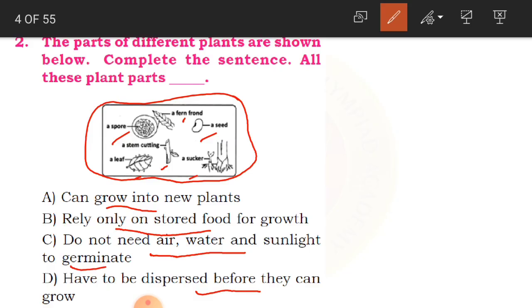So if you see here, leaf here, it is getting new shoots on it, even this stem also. Okay, so even seed also will again turn into a plant. So like that, even the remaining parts in the picture. So by this, what we can understand? All these parts of the plants can grow into new plants. In the sense, A is the correct option.